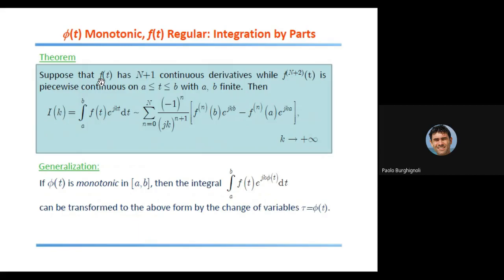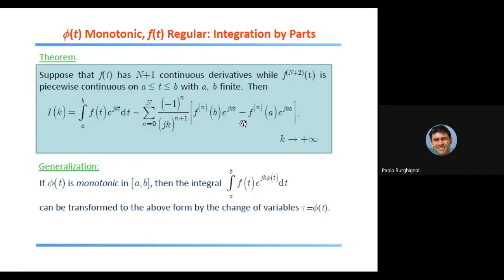In particular, if the function f has n+1 continuous derivatives, with the n+2 derivative allowed to have some discontinuity inside the integration domain, then integrating by parts, you will get this formula in which you can see the terms express increasing powers of the large parameter k in the denominator, and inside the brackets you can see the function f and its derivatives evaluated at the endpoints, in addition to the exponential evaluated at the endpoints.